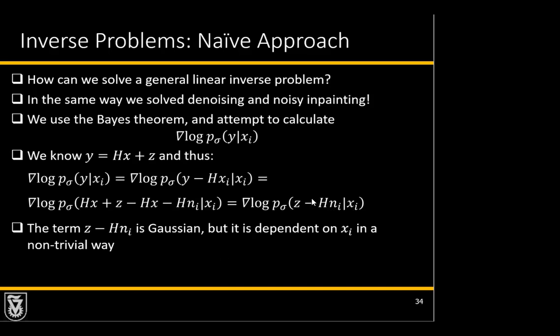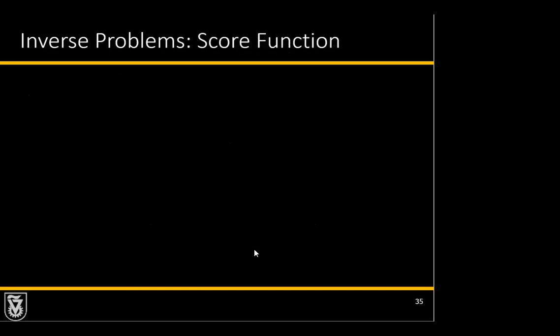But the only problem here is that Z minus H Ni is kind of dependent on Xi. It's dependent in a very non-trivial way because Xi contains Ni. So I can't remove this dependence. I can't really use this. So it is unclear how to continue from here. So the generalization to general inverse problems from in-painting and denoising is not trivial at all. We can't do it the same way.